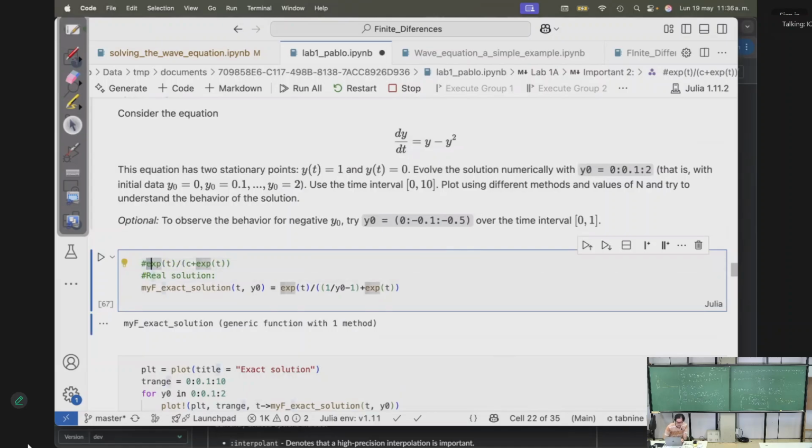So this will have a solution for all time unless c is negative, okay? If you choose a negative value of c, for a finite time t this will diverge and we'll stop having a solution, okay?